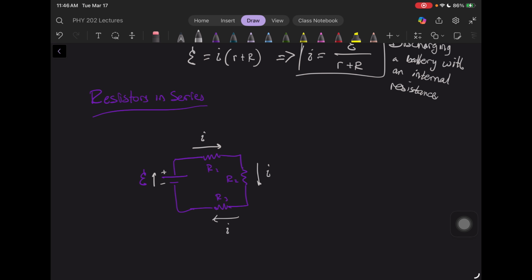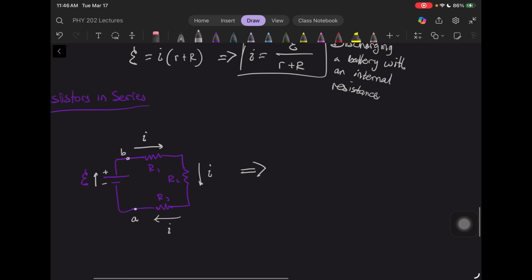Okay, and then we can call this point B and this point A. We want to rewrite this, just like we did with capacitors, as some equivalent circuit that's easier to take care of.